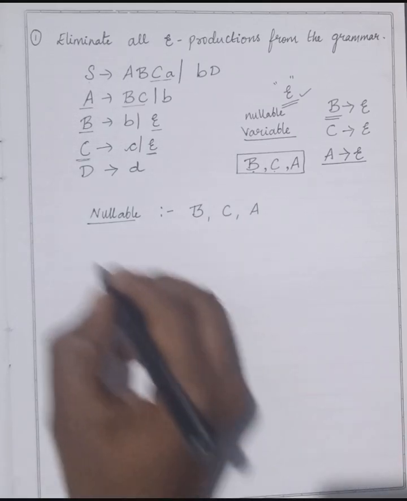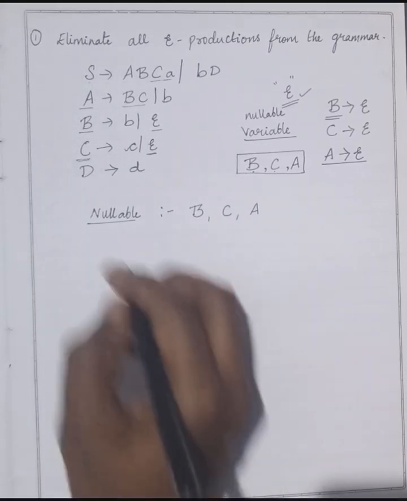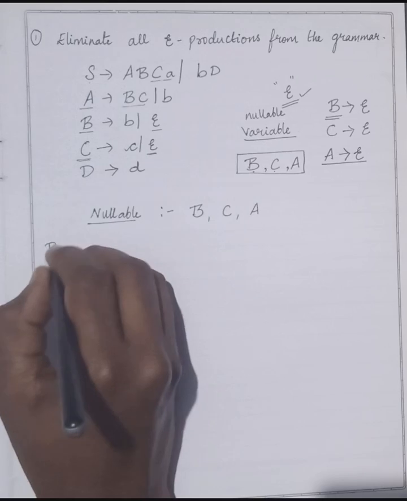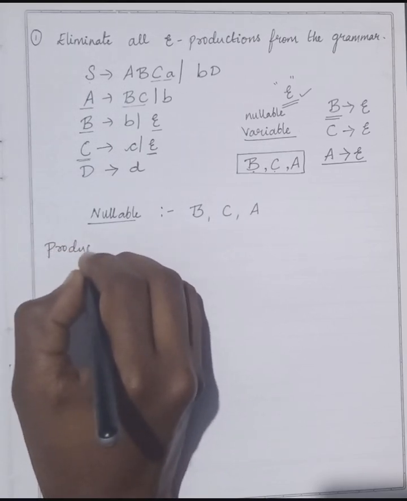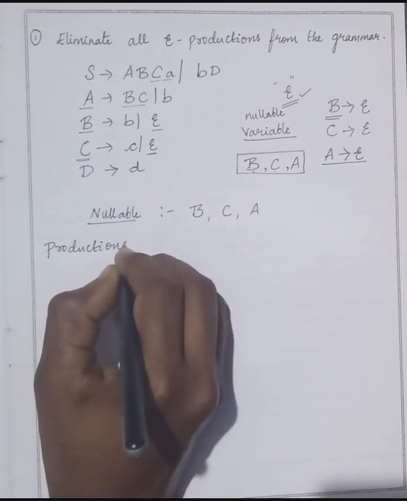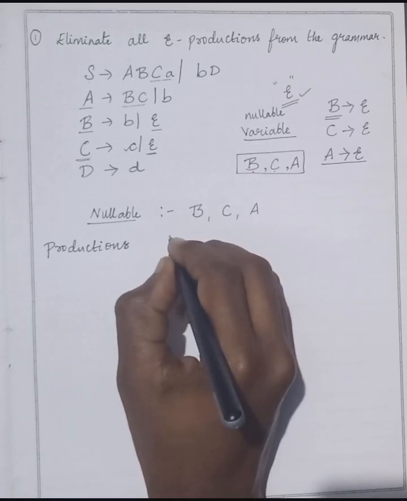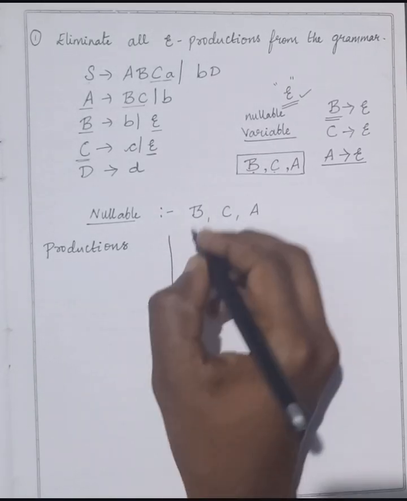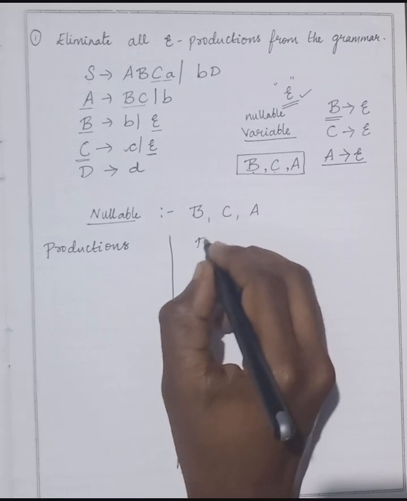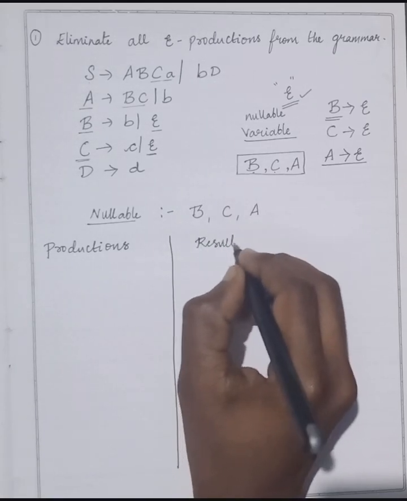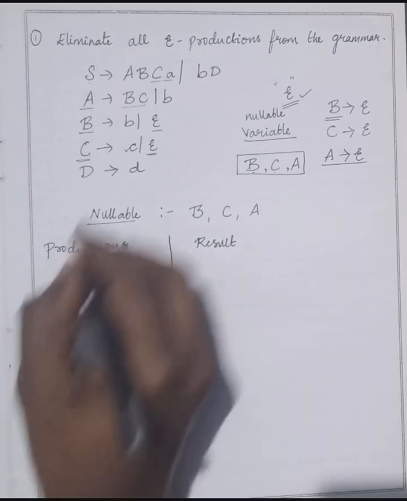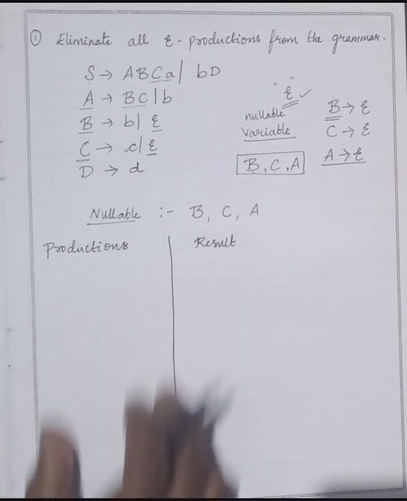Now we'll write one small table to find all the epsilon productions. We'll write the productions, the resulting productions after removing the epsilon. First we'll write all the productions in a single column.